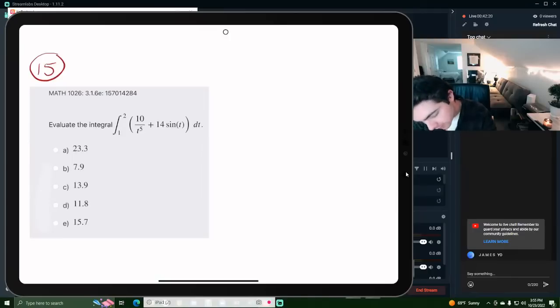In order to find the antiderivative of 10 over t to the 5th, it might help to rewrite it as 10t to the negative 5, and then plus 14 sine of t dt.